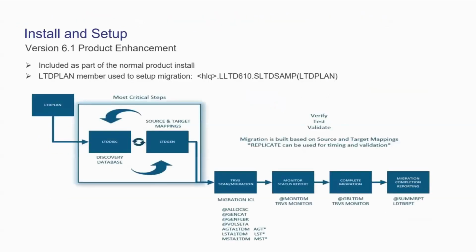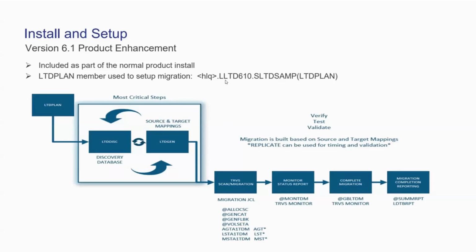Now, the way this all works and the way it's set up, it's part of the install of your product. So when you install Transverse 6.1, it is part of your product install. There's no additional installation or work that you have to do to enable this process. It includes a member called LTD plan, which will be distributed in your sample lab dataset.